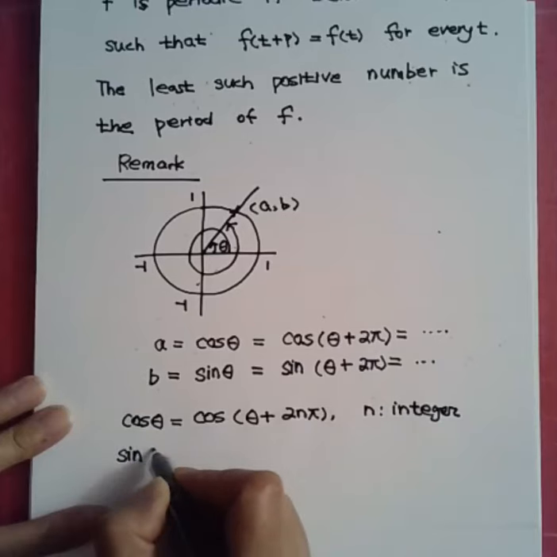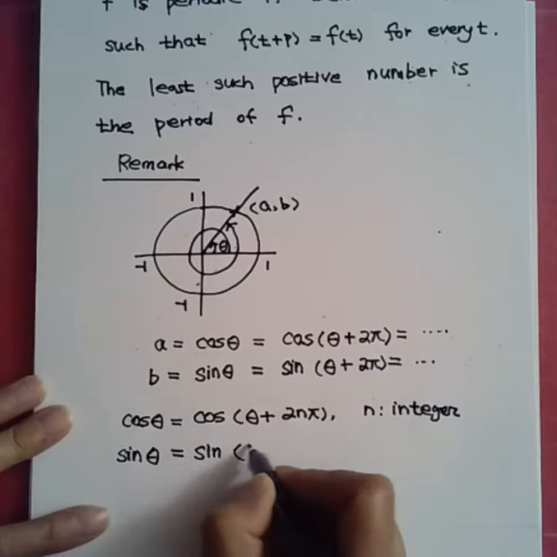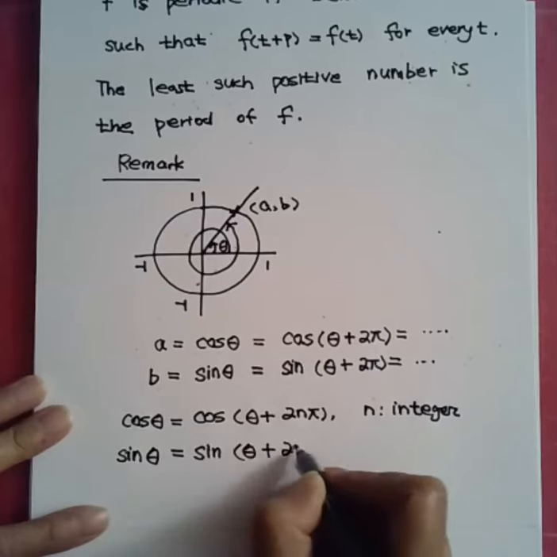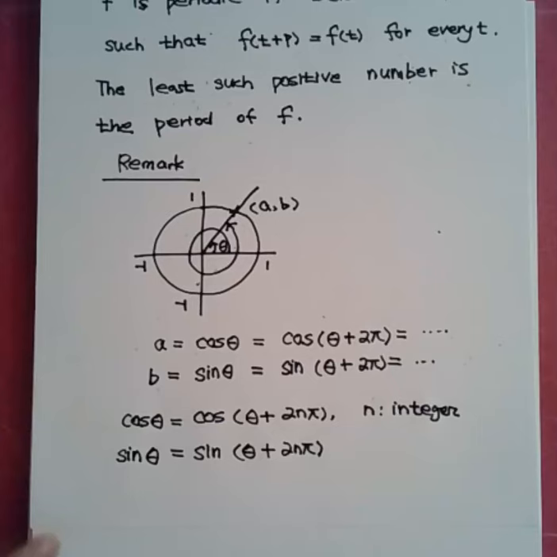We can say that sine of theta equals sine of theta plus 2n pi because theta and theta plus 2n pi are coterminal angles.